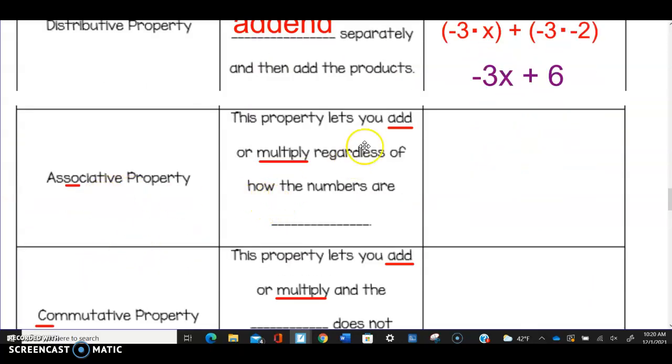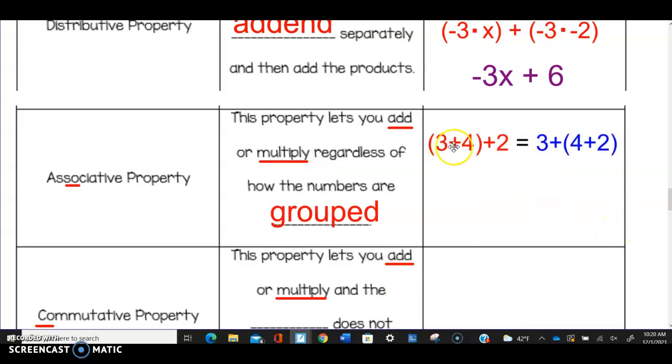The associative property lets you add or multiply. So this only works with addition or multiplication, regardless of how the numbers are grouped. So we have 3 plus 4 plus 2, with the 3 and the 4 grouped together, or we could group the 4 and the 2 together. 3 plus 4 is 7 plus 2. 4 plus 2 is 6 plus 3.